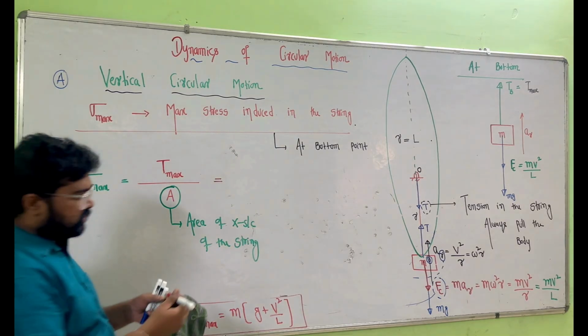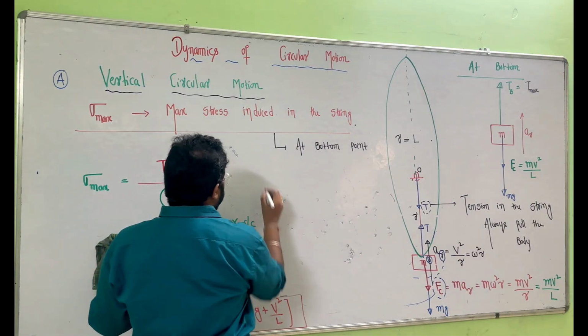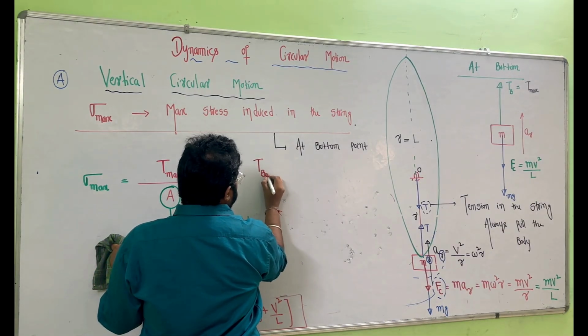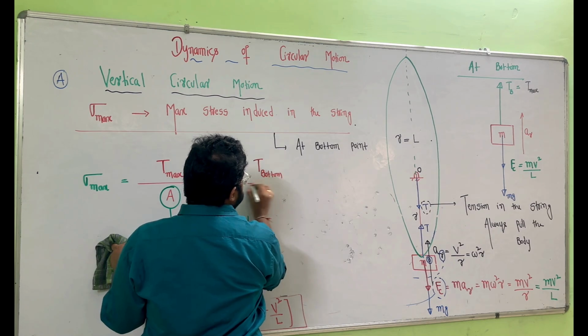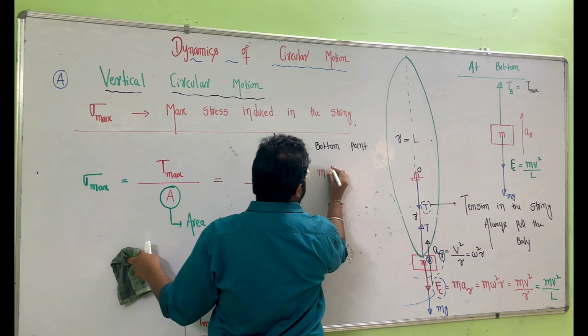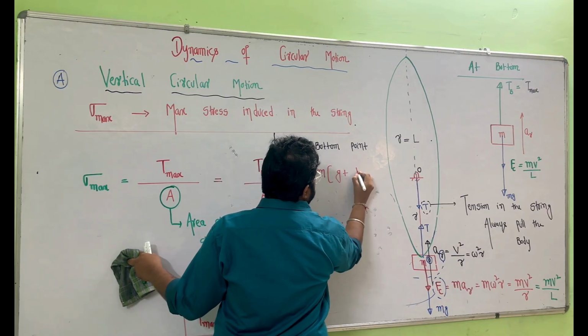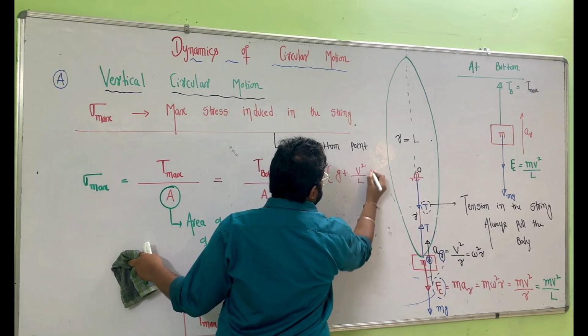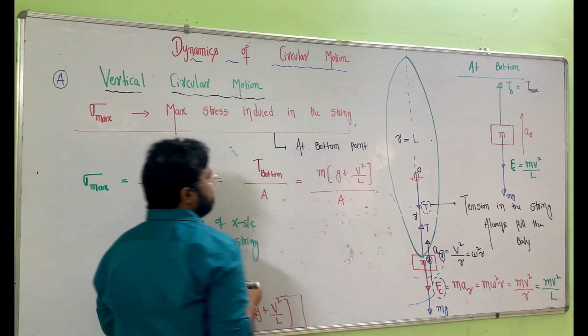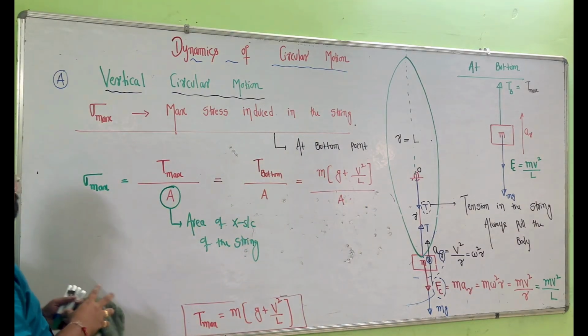T maximum equals how much? It is at the bottom position. T bottom by A, that is the maximum, equals m into (g plus v square by L, the length of the string) by the area A. Understood? That is the maximum.